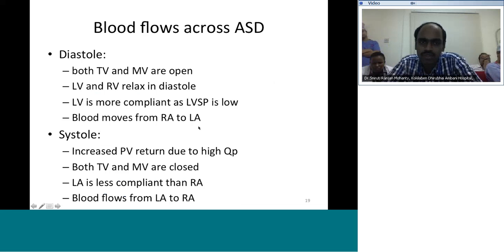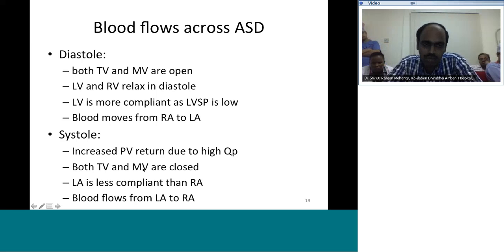What happens in systole? Whatever blood has crossed over from the right to the left will go through the pulmonary artery, fill the lungs, and return back in the pulmonary veins. This increased pulmonary venous return, due to this high QP, is now coming back into the left atrium. Both the tricuspid valve and mitral valve are closed.